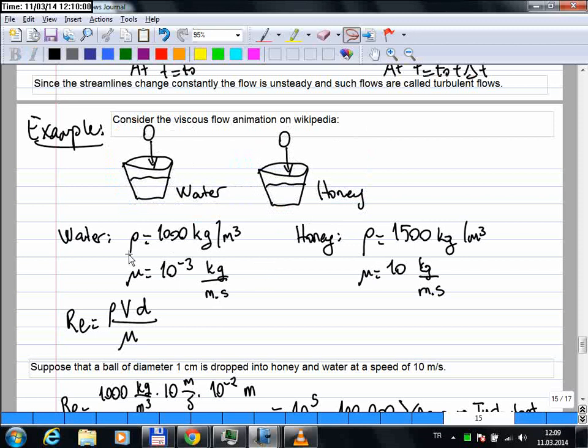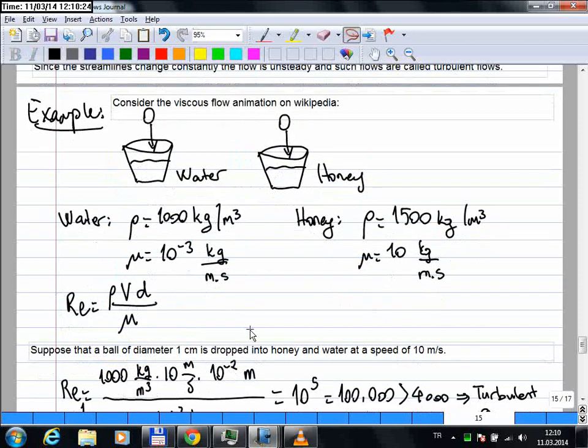And here are some numbers. This is the density of water, and the density of honey is pretty close to it. But their viscosities are quite different. The dynamic viscosity number for water is 10 to the power minus 3. But for honey, it's much larger. It's 10,000 times greater. So let's put all these numbers into the Reynolds number formula.